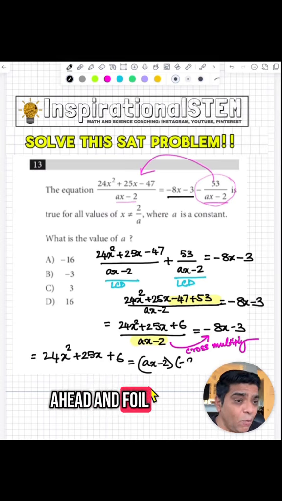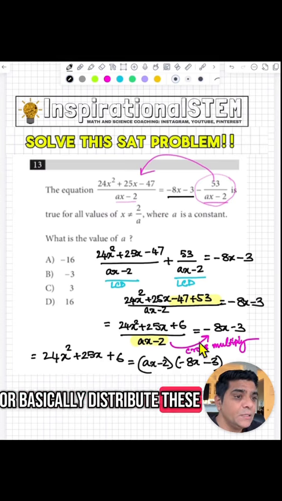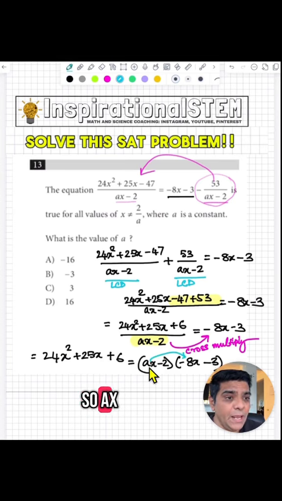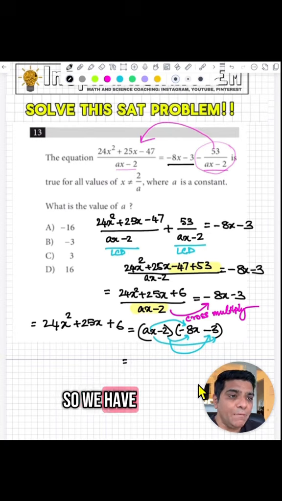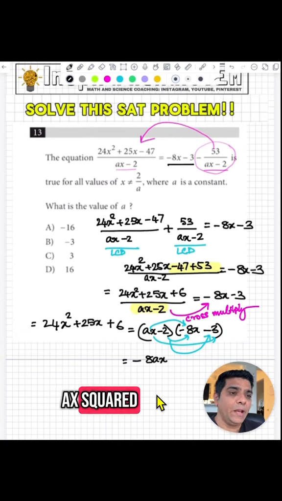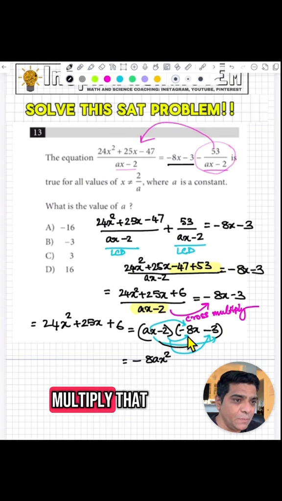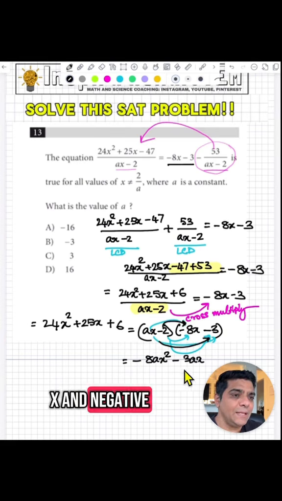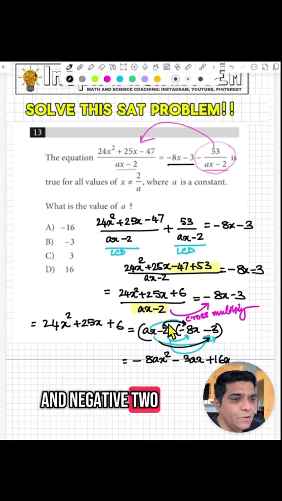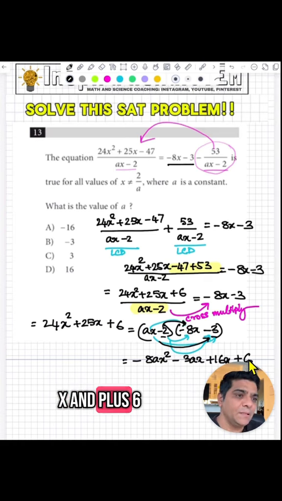Now I can go ahead and FOIL, or basically distribute these, and see if I can solve that. So ax times negative 8x: we have negative 8ax squared for the first one when we multiply that, and then so on and so forth: negative 3 times ax is negative 3ax, negative 2 times negative 8x is plus 16x, and plus 6.